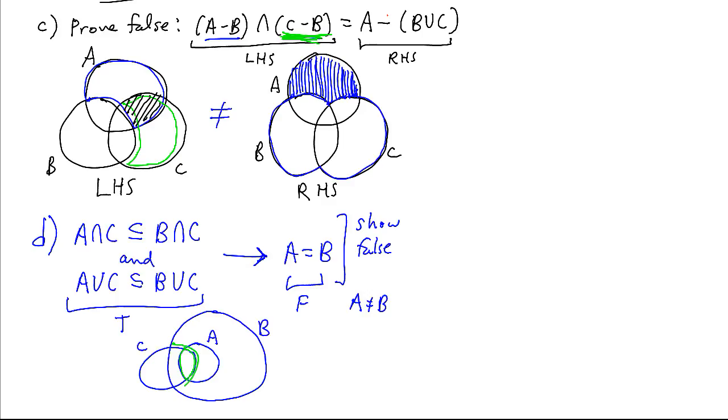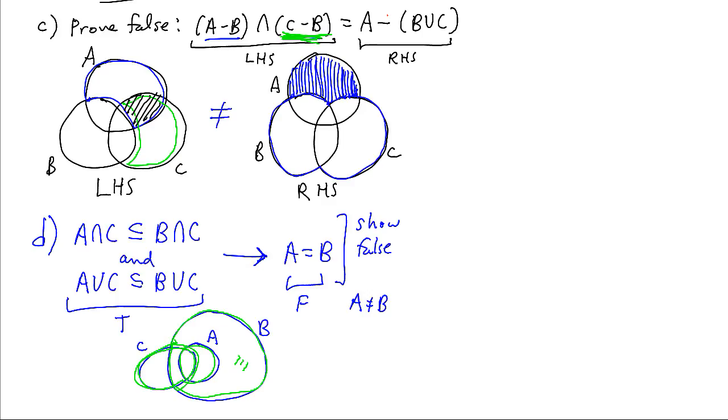So A intersect C is a subset of B intersect C. How about A union C? A union C is everything in both A and C, and that is a subset of everything that's in both B and C. So this does it, and A does not equal B here because they're separate. There are some things out here in B that aren't in A. And so this works.